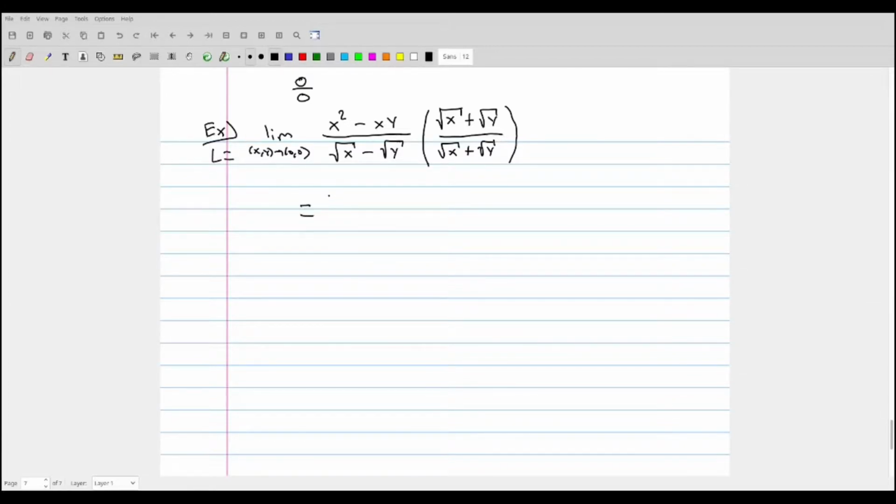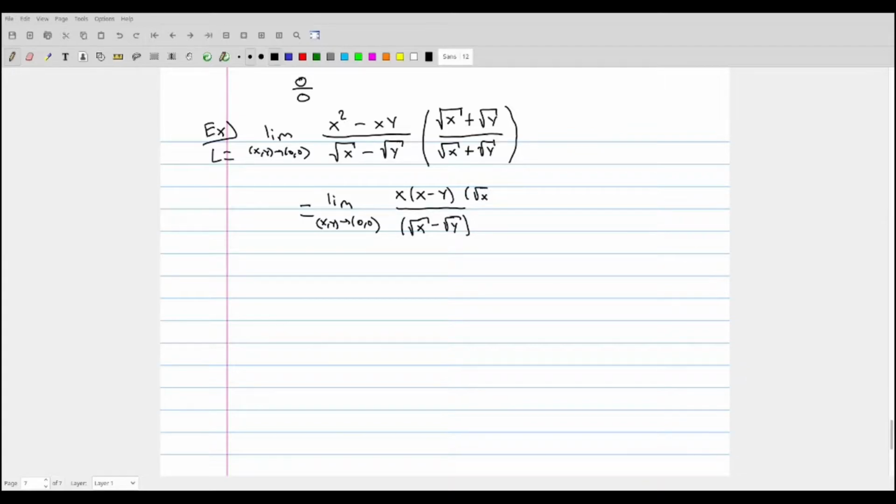But doing this ends up simplifying this a lot. We get the limit as (x, y) goes to the point (0, 0) of x squared minus xy, which is the same thing as x times (x minus y), still divided by the square root of x minus the square root of y.